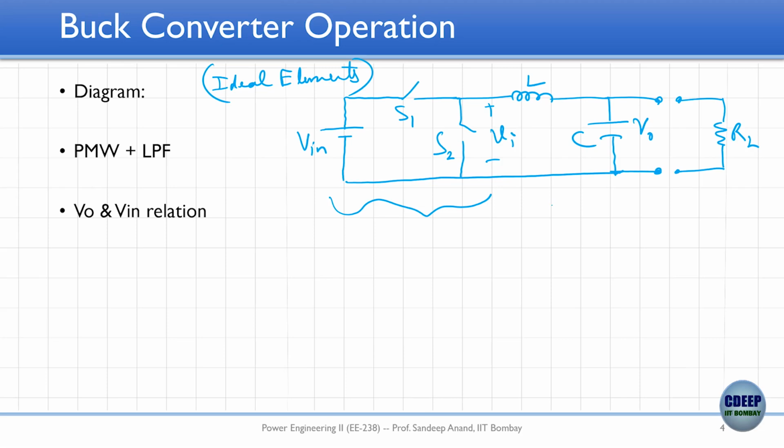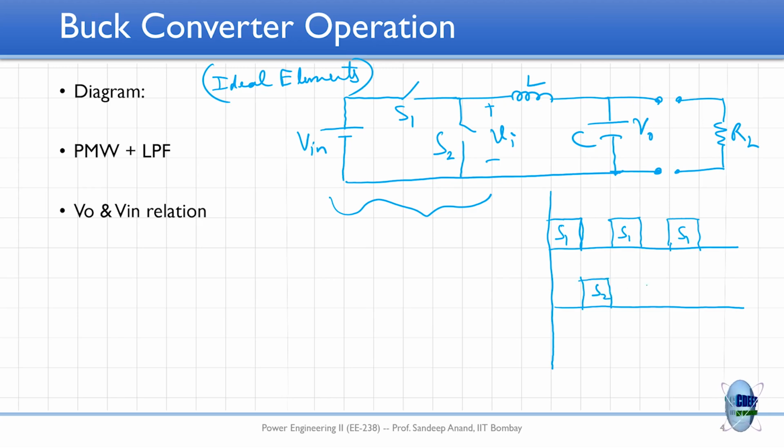So, when you switch S1, let us say you turn on S1 here and here and here, right, and you turn on S2 in a complementary fashion, here this gap and subsequent gap, then what will you see at Vi?